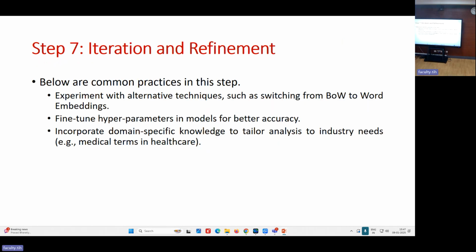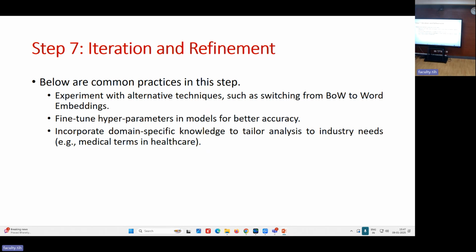Now the last step which you can follow is iteration and refinement. If you are using a bag of words model or some basic approaches to transform your textual unit into matrix form, you can opt for some advanced techniques instead in the refinement, right?